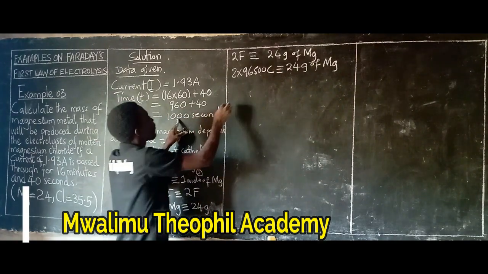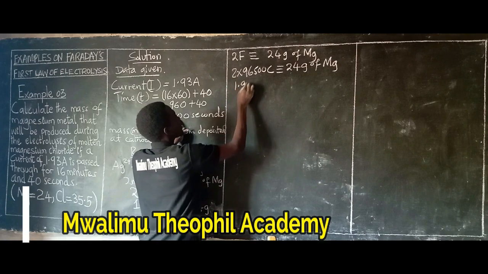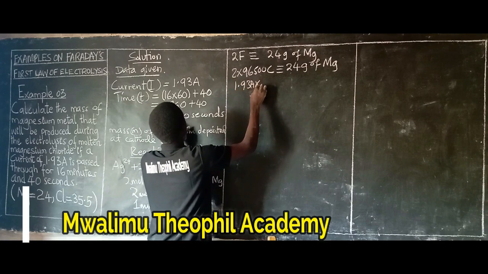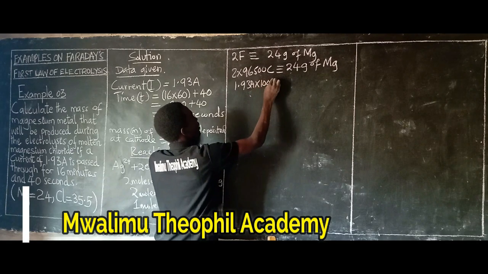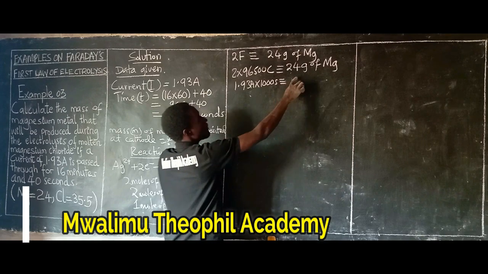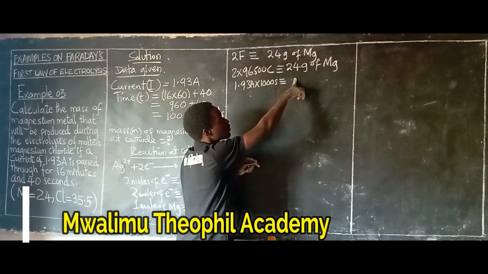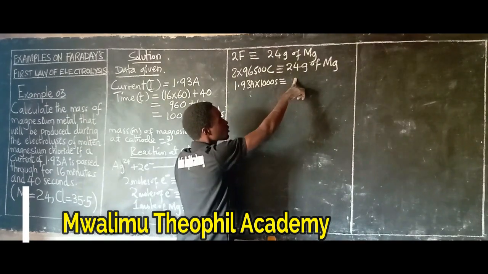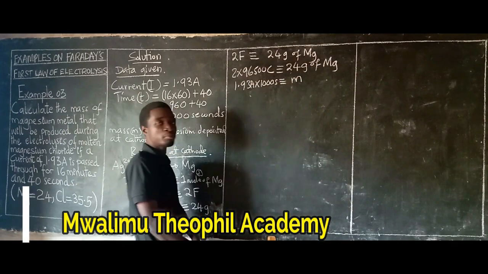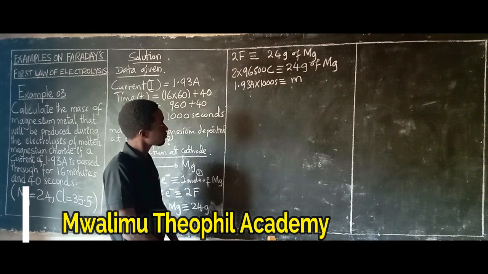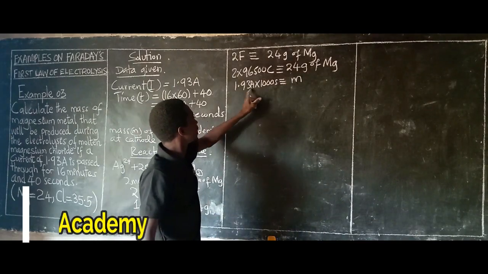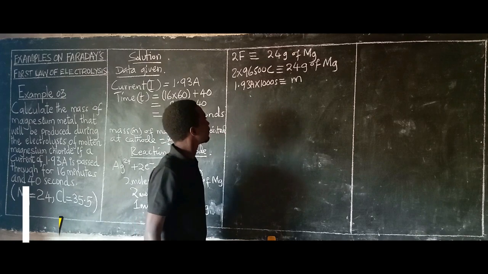So it means that when I take 1.93 ampere times 1,000 seconds, these are equivalent to the mass which will be produced and which is not known as it is asked in the question. So it will be equivalent to M, the mass of magnesium, which is to be calculated, as this mass will depend on the current applied within a given time.